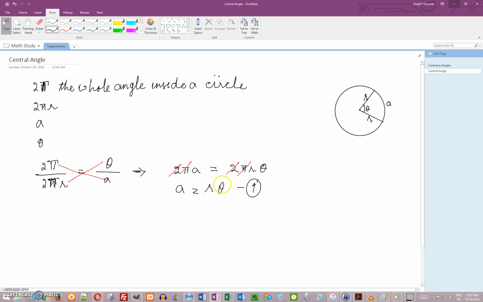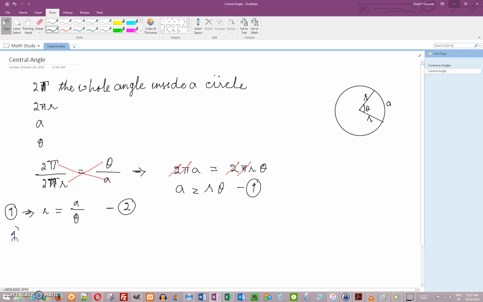Now you can calculate anything you want. You have A is equal to r theta. If you want to calculate r, based on equation 1, r is equal to A divided by theta. I call it equation number 2.